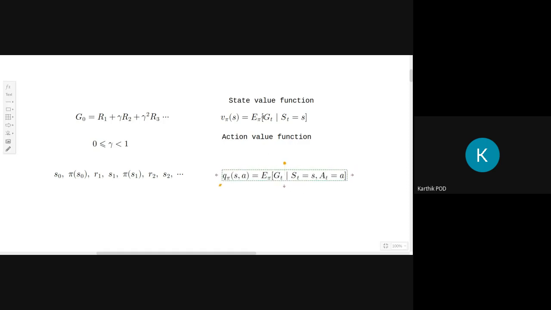You don't directly start behaving according to policy pi. You start from the state, take a particular action a, that will transition you to some other state with some reward, and from there on you behave according to pi. That's the main difference between these two value functions.